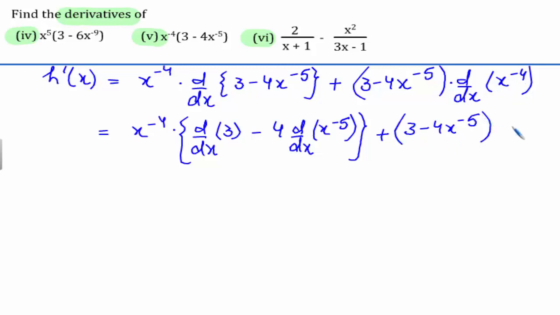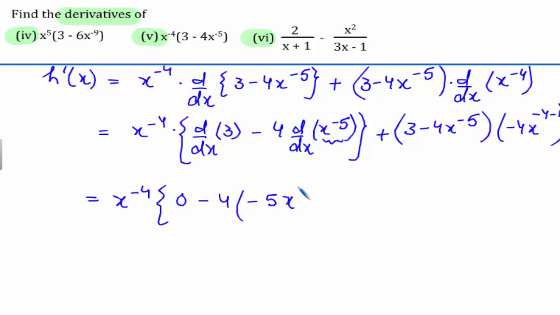Now this is further equal to x raised to the power minus 4. Derivative of a constant function with respect to x is 0, minus 4 times derivative of x raised to the power minus 5 with respect to x is minus 5 x raised to the power minus 5 minus 1, plus 3 minus 4x raised to the power minus 5 into minus 4x raised to the power minus 5.